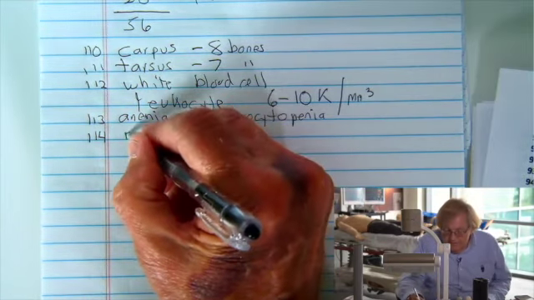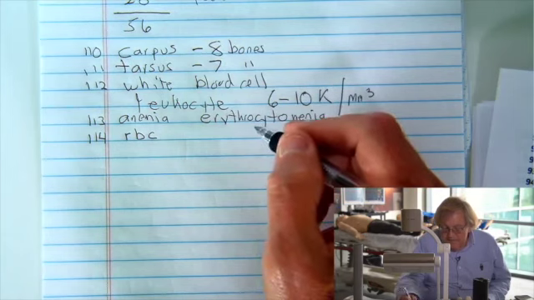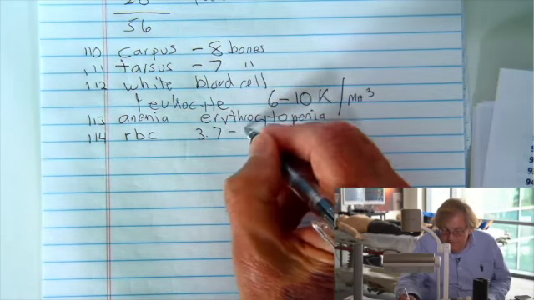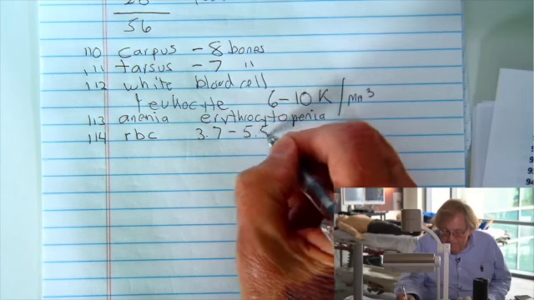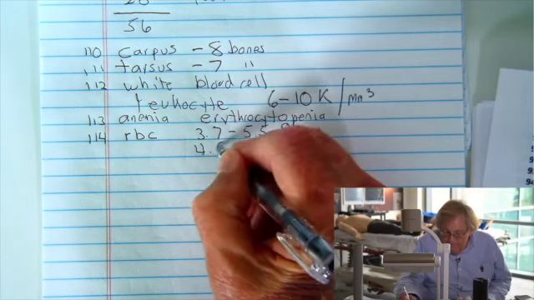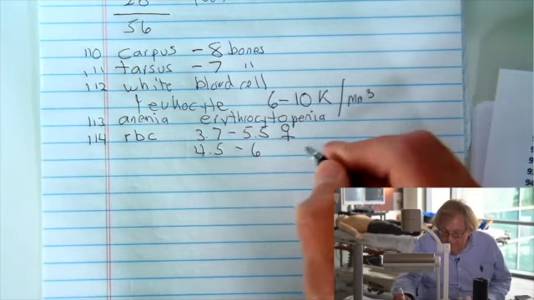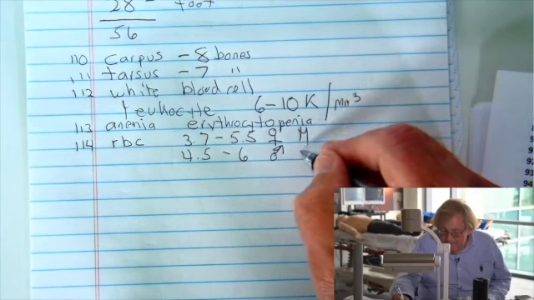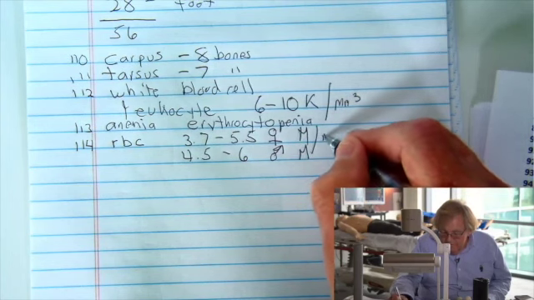Remember, that's a red blood cell or an erythrocyte. Remember those magic numbers of 3.7 to 5.5 for a female, and 4.5 to 6 for a male. And again, remember, those are million per cubic millimeter.